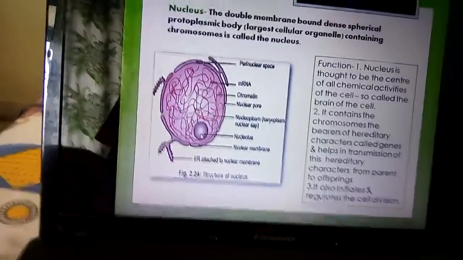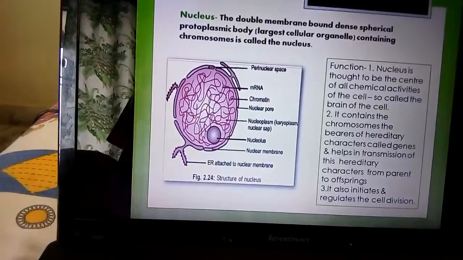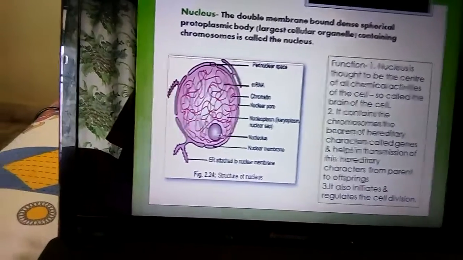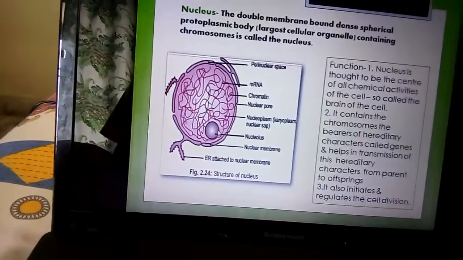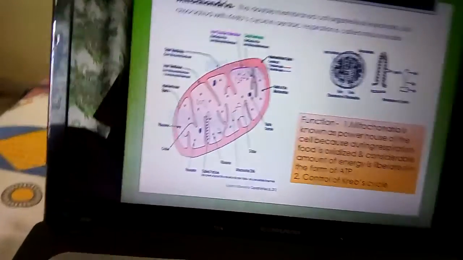What is the function of the nucleolus? The nucleolus helps in the formation of ribosomes. It also helps in the synthesis of ribosomal RNA.